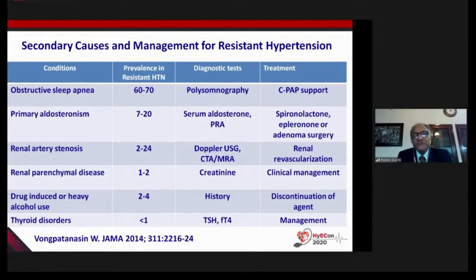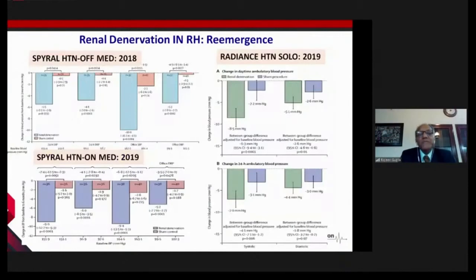For renal artery stenosis, if we confirm the diagnosis by CT angiography or MR angiography, we can do renal revascularization, but not in all these people. For kidney disease, we need to do clinical management. For drug-induced hypertension or heavy alcohol use, we need to discontinue the agent. And for thyroid disorders, management is important.